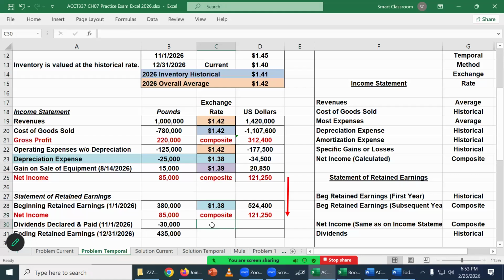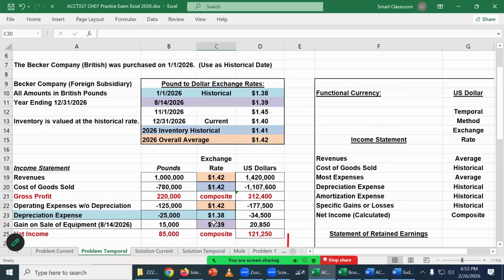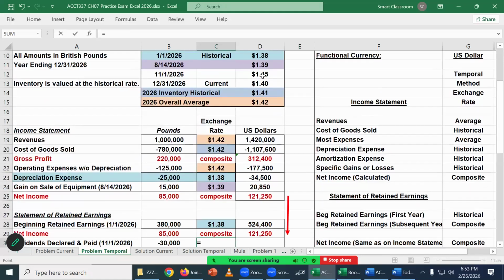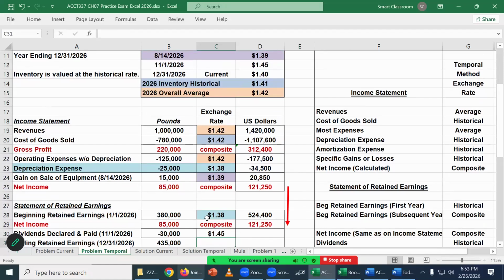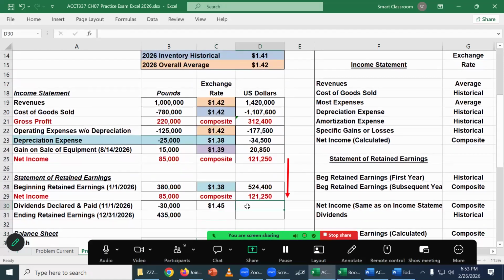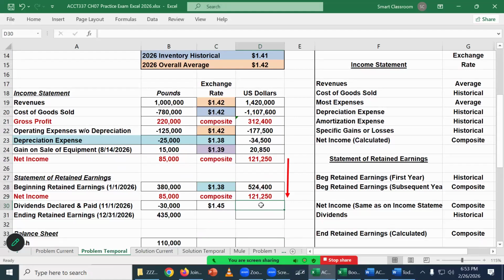Dividends won't be a composite. This will be 11. This is actually an historical cost on the 11th. It should be on 11/1, I should say. Yeah, I just ignored it and went away. Yeah, like when your big sister's bugging you, just ignore it. Okay.